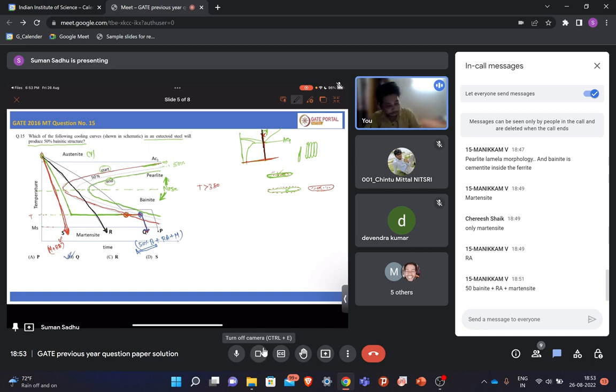The composition is not varying. It is a eutectoid composition. But as you follow a different cooling rate or do a different heat treatment, you get a different kind of microstructure. Like in the case of P, you are getting martensite plus retained austenite. In the case of Q, you are getting 50% bainite, retained austenite, and martensite. So in the case of R, what will be the final microstructure?